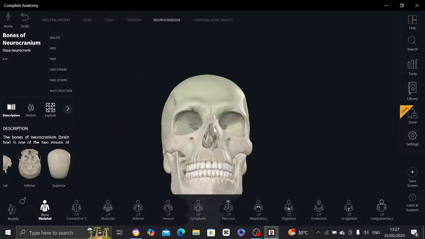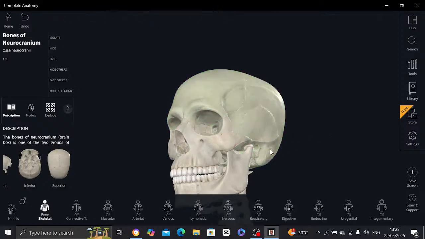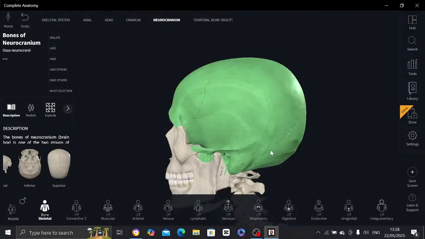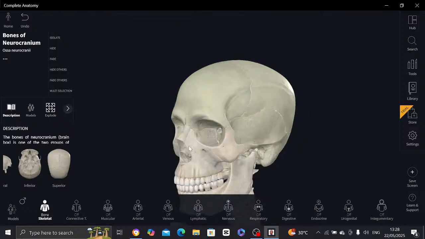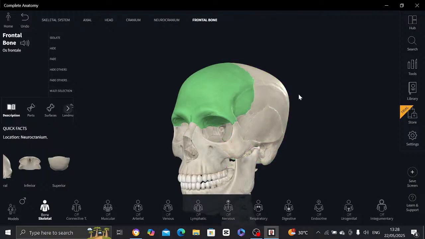Generally, the neurocranium is made up of large bones. In fact, in total, we have 8 bones which make up the neurocranium. They are generally larger than the viscerocranium. The viscerocranium in itself is made up of 14 bones, which are typically smaller than the neurocranium. We can see, for example, this large bone here, that's the frontal bone.